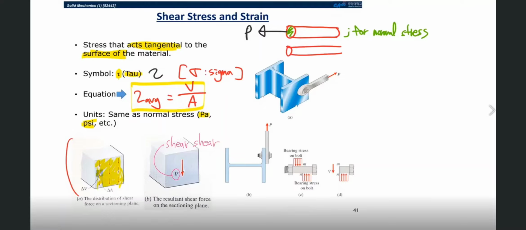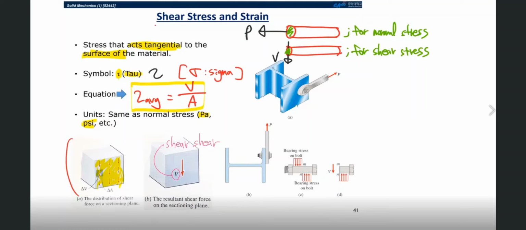And another bar is here, and in this case using the shear force, this is the shear force V, the force tangential to an area. So in this case, we can define shear stress.